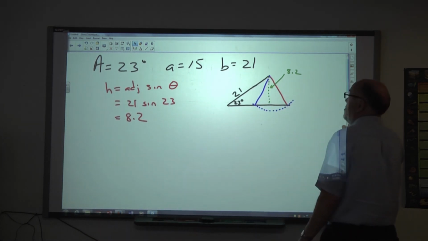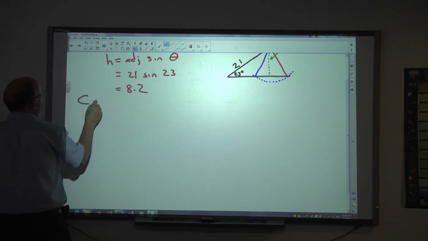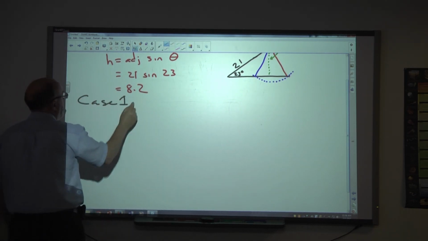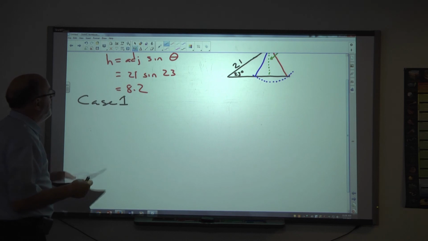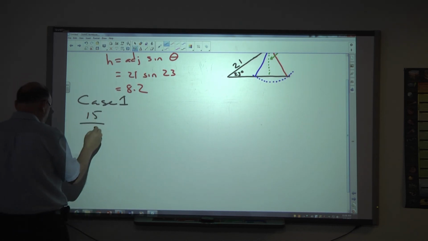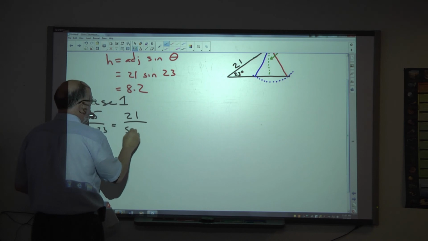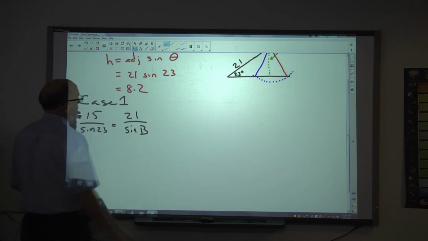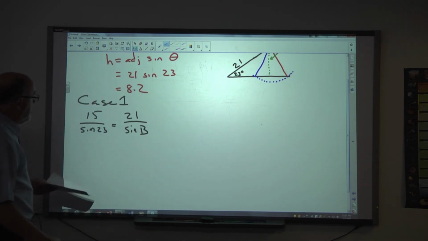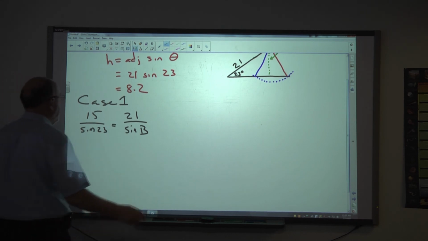Right? So in terms of this process, let's first go through what I will call case 1. The first thing I want to do is find angle B. So 15 over the sine of 23 is going to equal 21 over the sine of B. And like we've seen before, we're going to cross multiply and find the inverse sine.